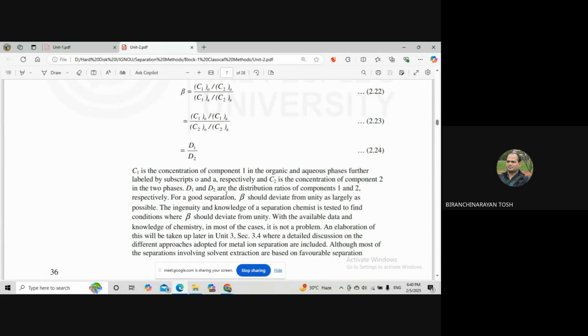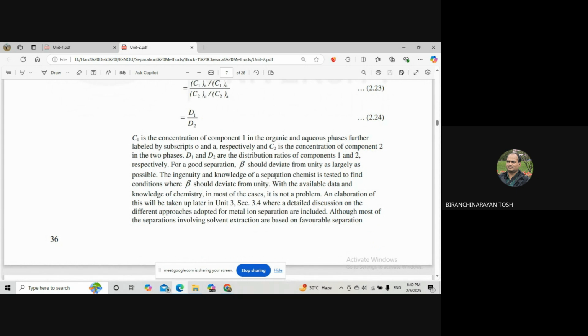So D1 and D2 are the distribution ratios of components 1 and 2. For a good separation, beta should deviate from unity as largely as possible. The ingenuity and knowledge of a separation chemist is tested to find the conditions where beta deviates from unity. So with the available data, as you can see, we'll achieve this one.